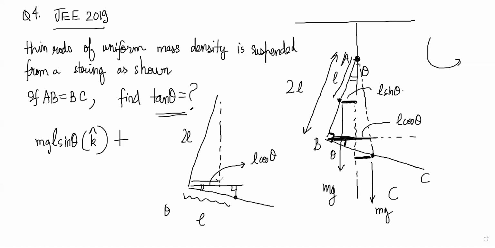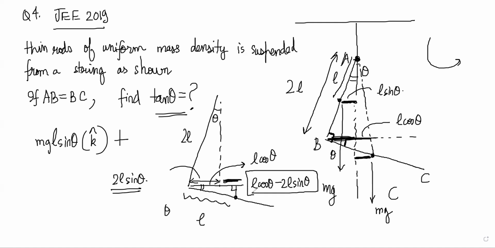But what is this much? Because the angle here is theta, this is 2L sine theta, right? So the gap here is basically L cos theta minus 2L sine theta, right? L cos theta minus 2L sine theta is coming out to be the perpendicular distance of this mg force from the vertical line which passes through the point of suspension.